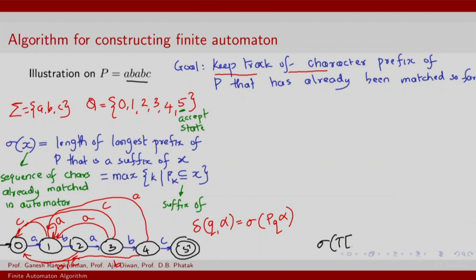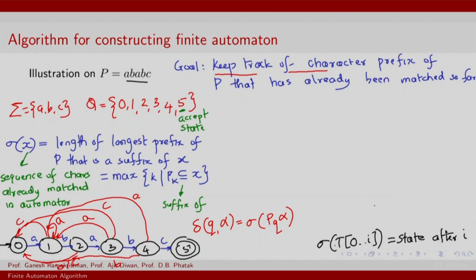When I have seen the first i characters of T, I would like to be in a state which corresponds to the length of the longest prefix of P that is a suffix of the pattern PQ, which has taken me to that particular state. This should be the state after I see i. This is the basic idea after seeing the first i positions.